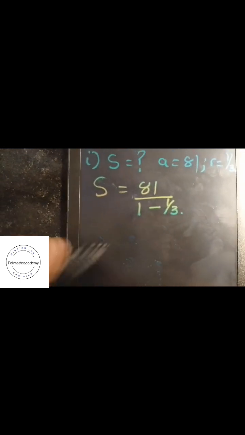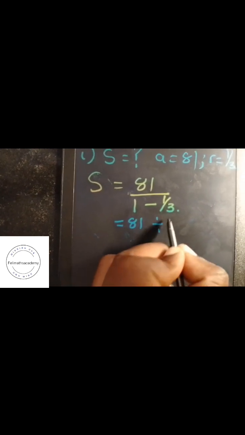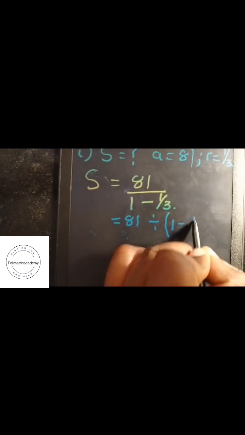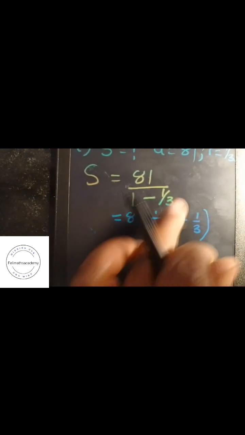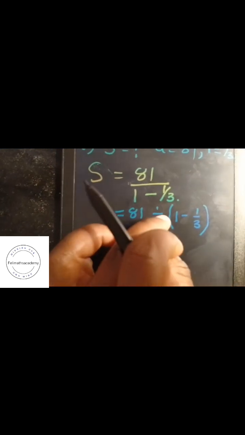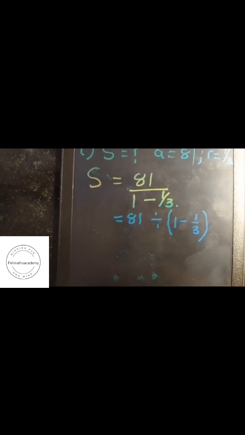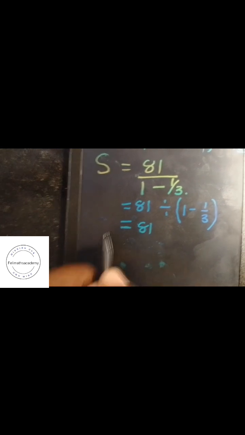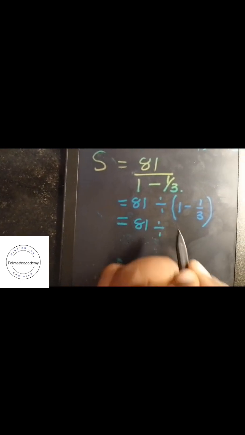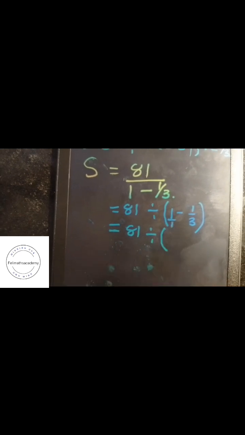So this is just the same as 81 divided by 1 minus 1/3. We need to simplify this before dividing. We simplify our brackets. So we have 81 divided by, this 1 is just the same as 1 over 1.